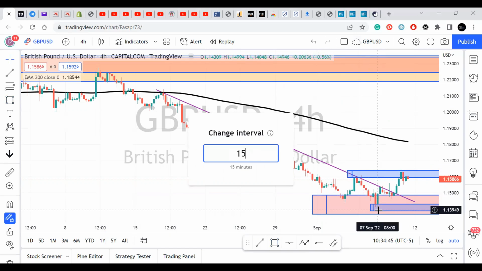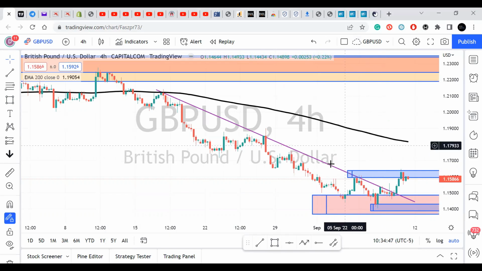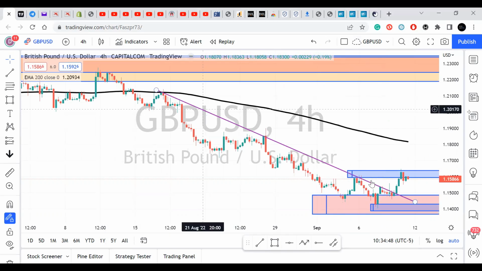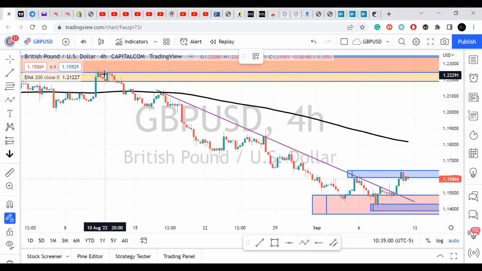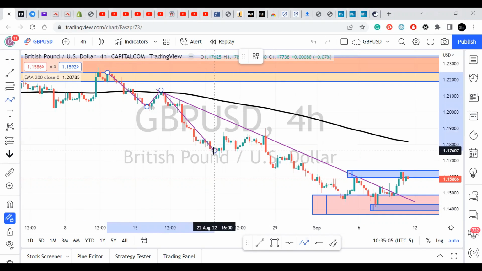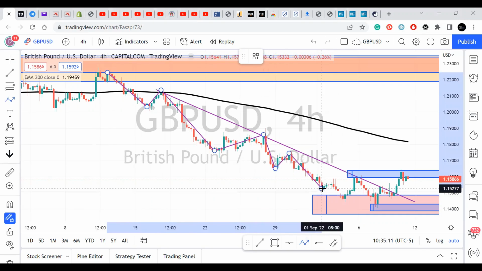So on the 15 minute, I was thinking, okay, now we have a break of trend line. Yeah, I see this. I see what you're talking about, right? Like, yeah, we have this. All those price action, all those price patterns, they don't always work.